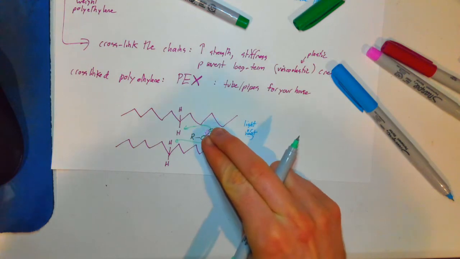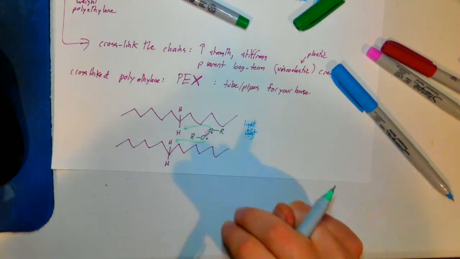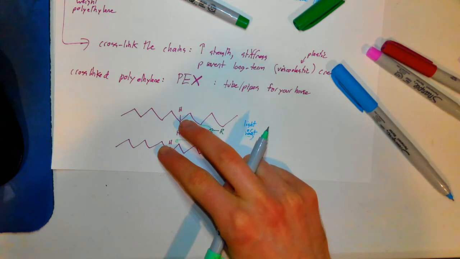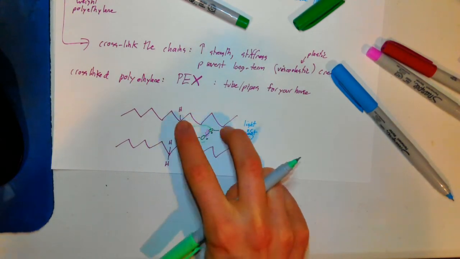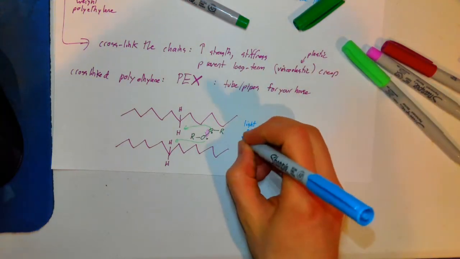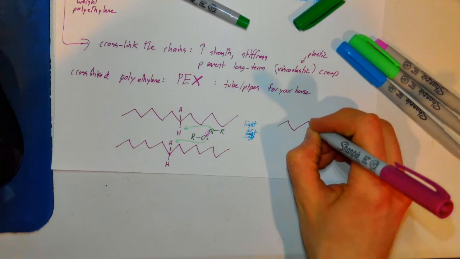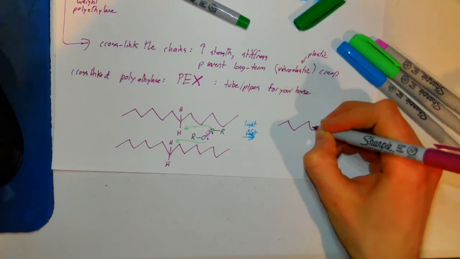Sometimes those radicals just recombine with each other, but other times those radicals go and attack the hydrogens, swapping places with them right here. So after you apply light or heat, what do you end up with? You end up with something that looks like this.